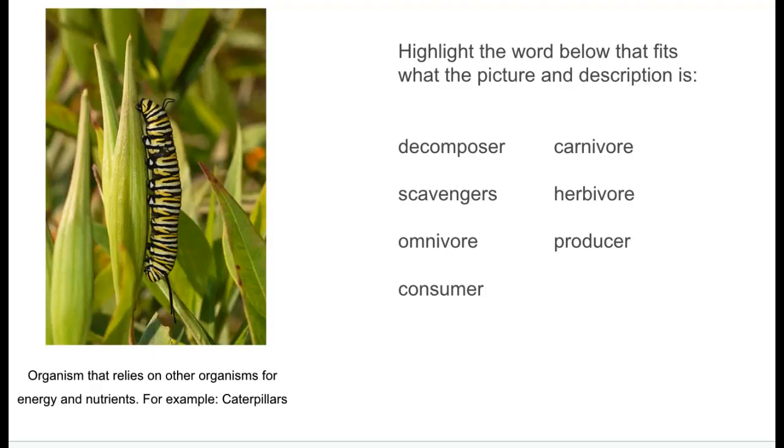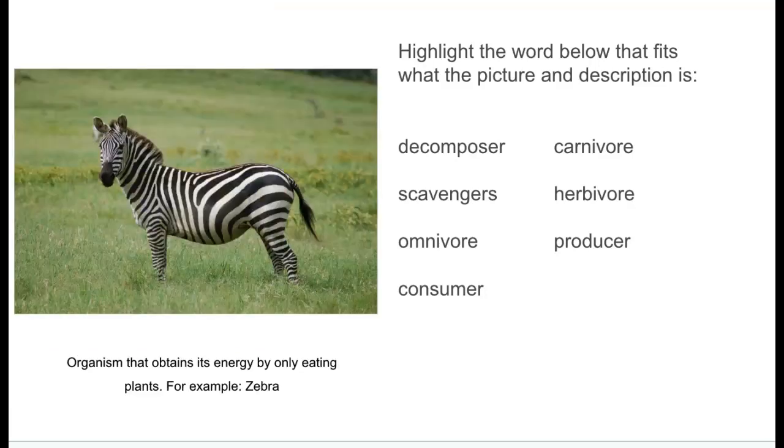For this one, underneath the picture it says, an organism that relies on other organisms for energy and nutrients, for example, caterpillars. Under the picture, an organism that obtains its energy by only eating plants, for example, a zebra.